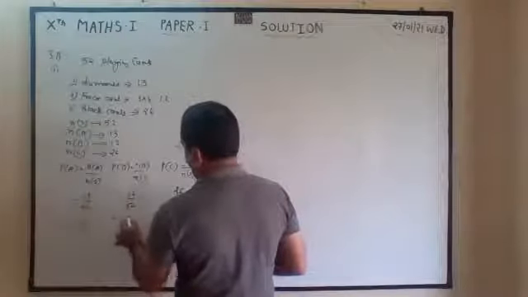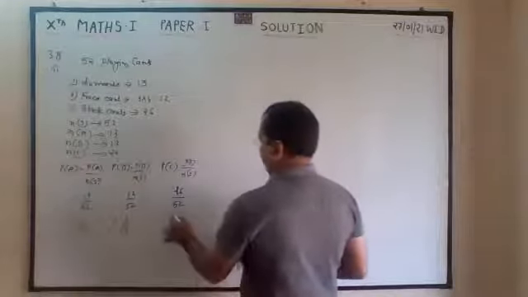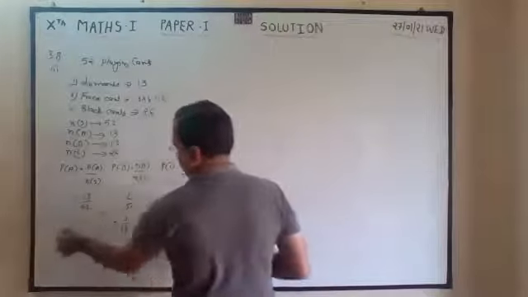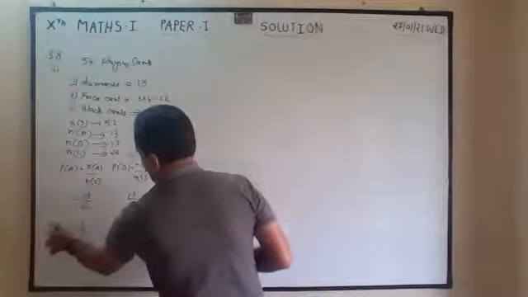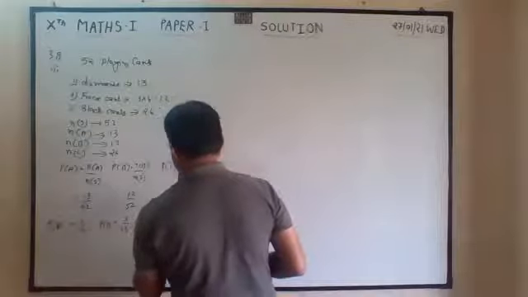You can divide by 4: 4 threes are 12, 4 thirteens are 52. You can divide by 26: 26 ones are 26, 26 twos are 52. So this is probability of A, this is probability of B, this is probability of C.